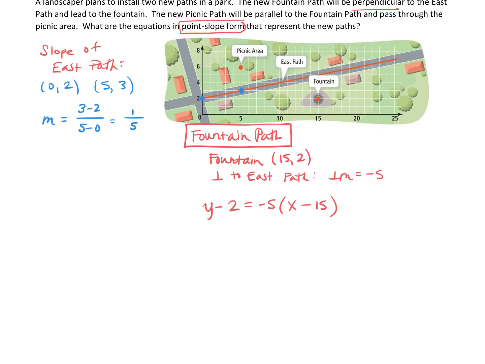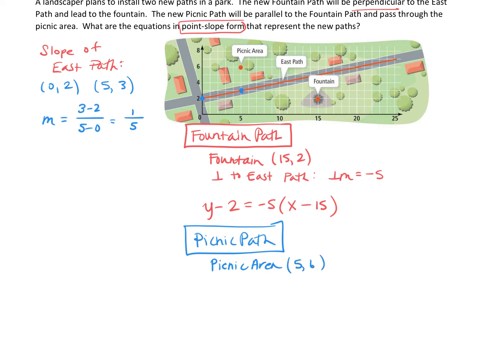All right, but we do need the equation of the line for the picnic path. So for our picnic path, we need the ordered pair of the picnic area. If we look at our graph, it's right here. We can see the x is a 5, the y is a 6, so that has the ordered pair (5, 6).